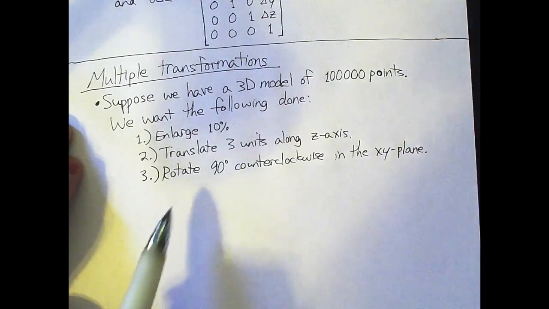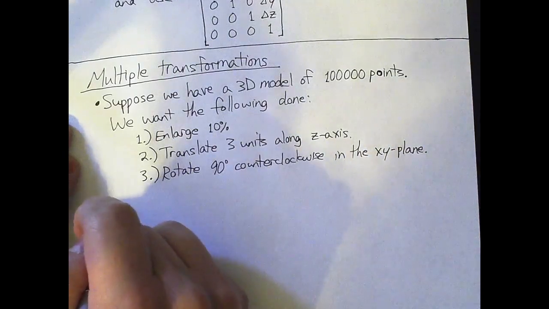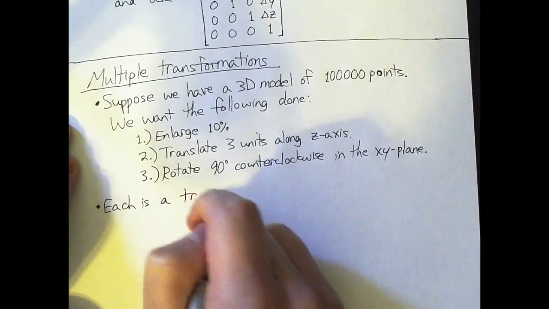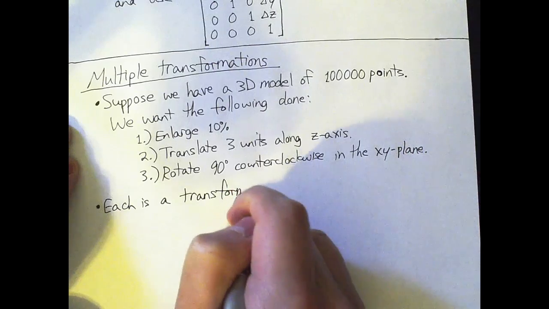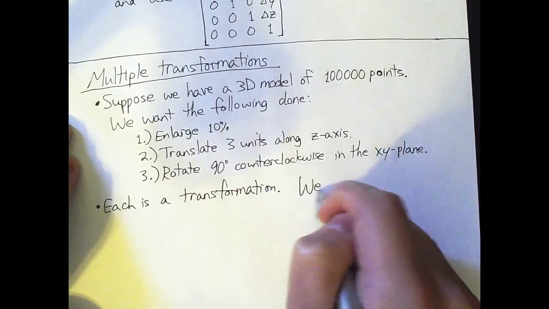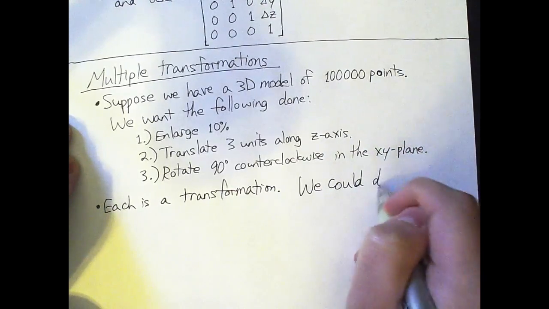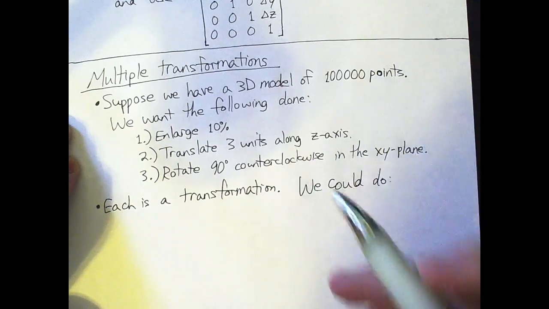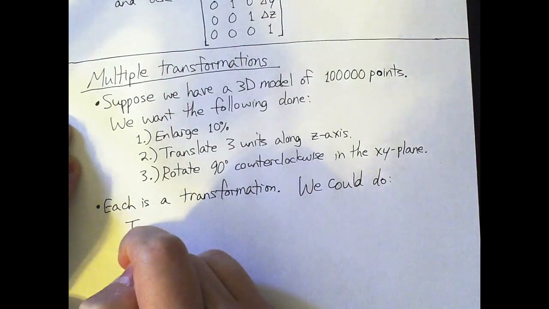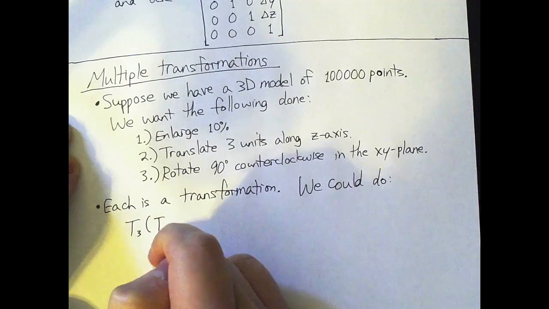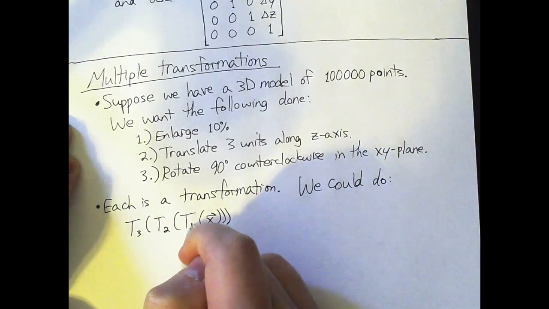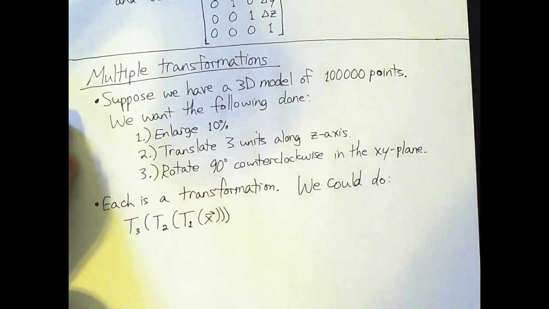So 3 transformations. Each one of them is a type of transformation that we've talked about today. And one way that we could apply these 3 things is T3 of T2 of T1 of X. 3 transformations being applied.